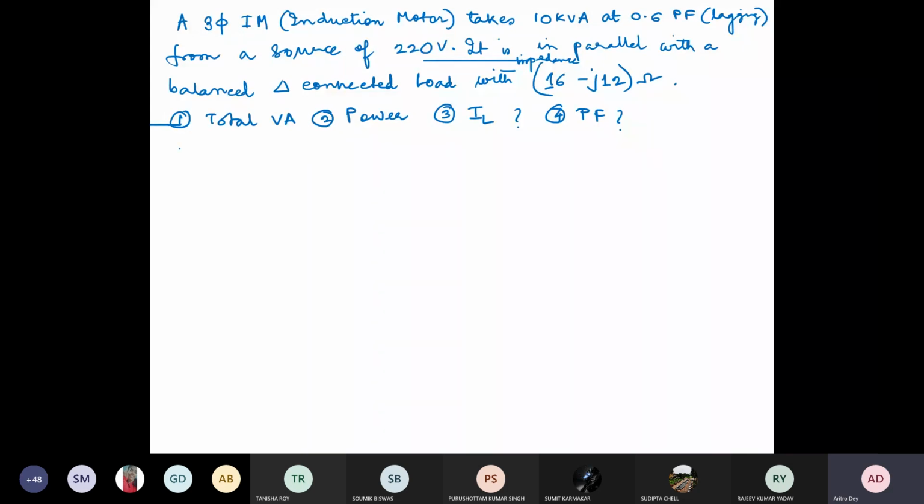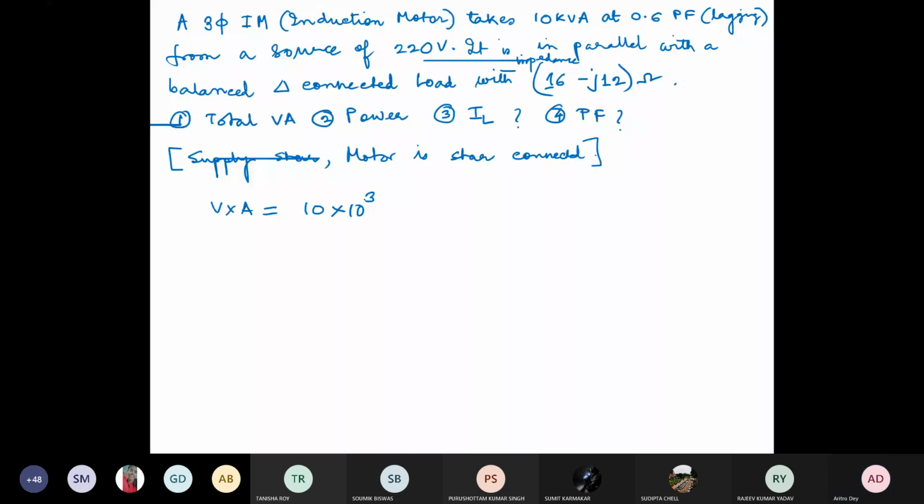So let us say the supply is star, motor is star connected. Then first of all, given V into A, which is equal to 10 into 1000, that much volt ampere is given. This is your volt ampere.